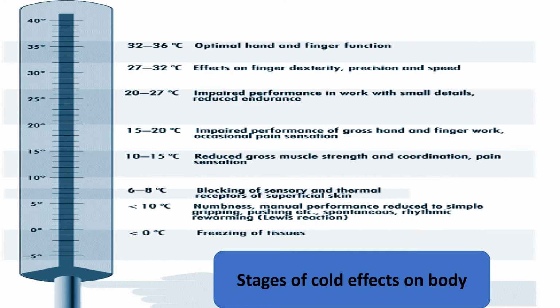From 20 to 15 degrees centigrade, impaired performance of gross hand and finger work with occasional pain sensation. From 15 to 10 degrees centigrade, reduced gross muscle strength and coordination, pain sensation.